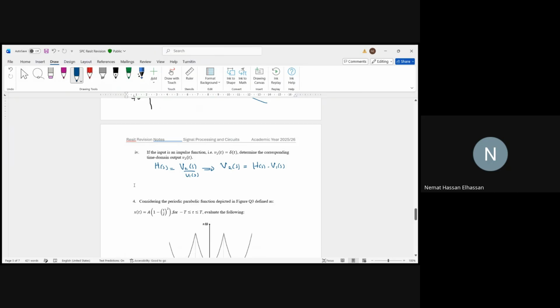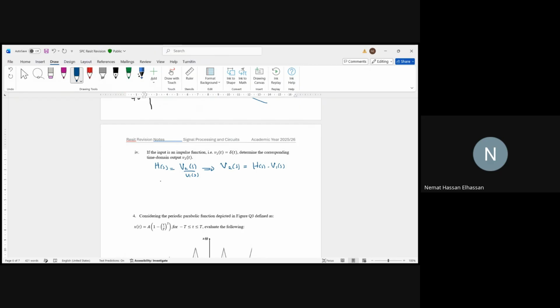And it says here, find me V2 of t if you know V1 of t. So I'm going to say if V1 of t is equal to delta t, then V1 of s is equal to the transform, which is equal to 1.